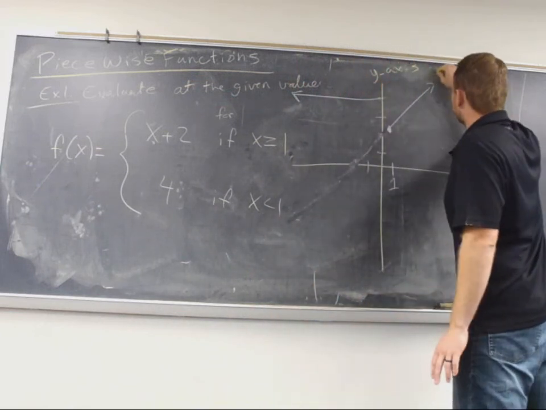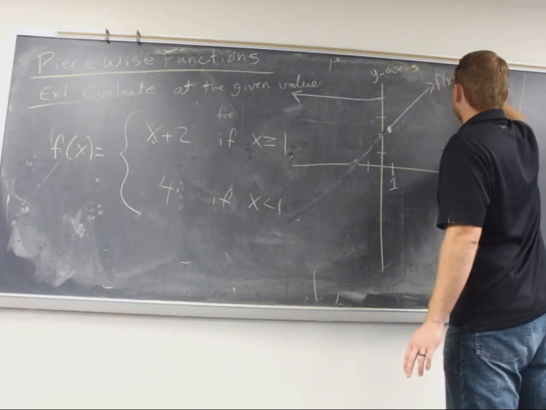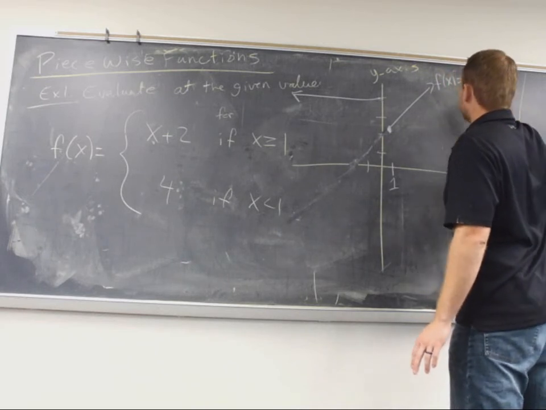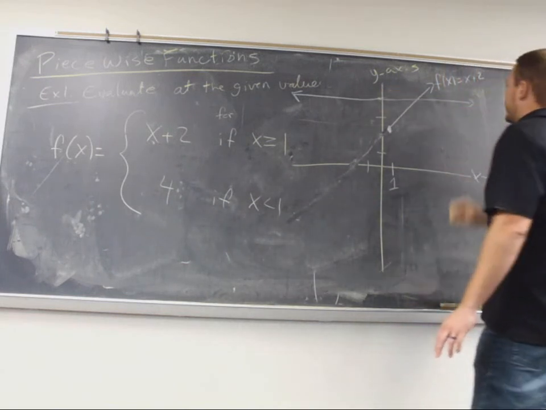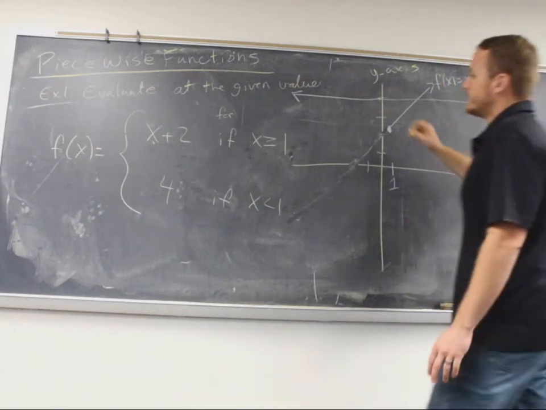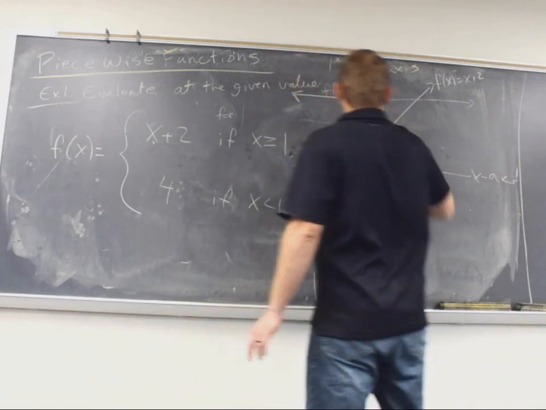I forgot to label. Make sure to label, that's good practice. This is f of x equals x plus 2. That way I don't get confused later. And then it keeps going in this direction like that. So this is f of x equals 4.